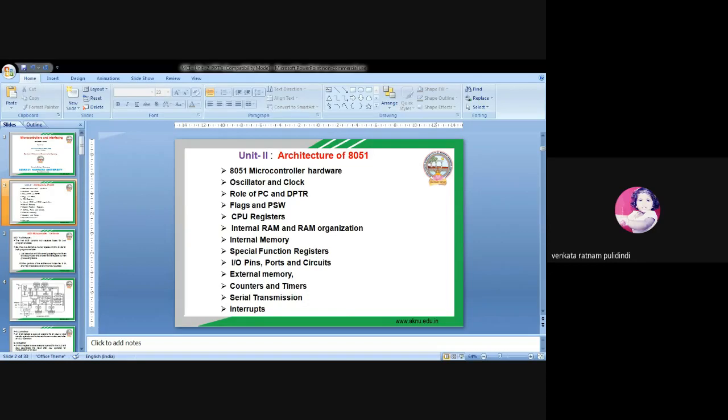Today, we discuss about the architecture of 8051 microcontroller.